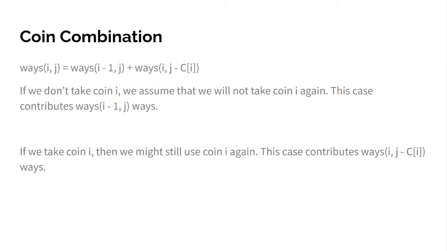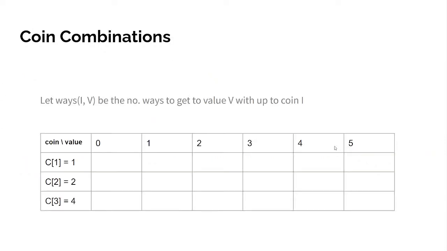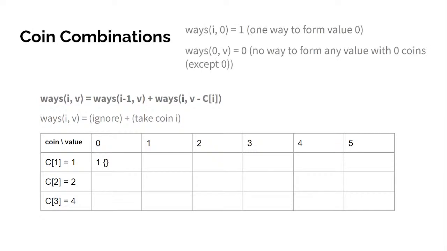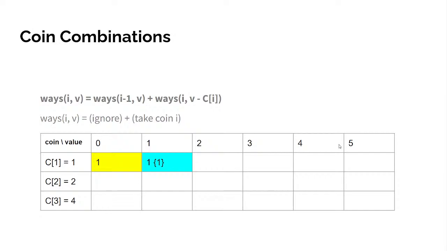Let's say I want to make a value of 5 and I have a coin of value 2. Now I'll be trying to find a value of 3, because I already used up the coin of value 2. So now I'm trying to find how many ways I can make a value of 3. So that's how the logic works.